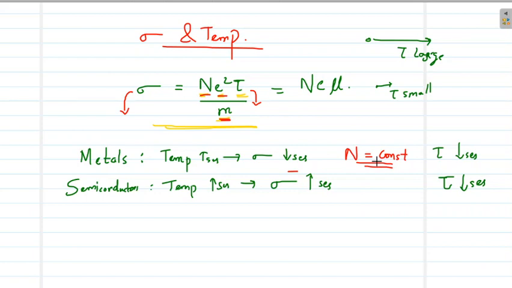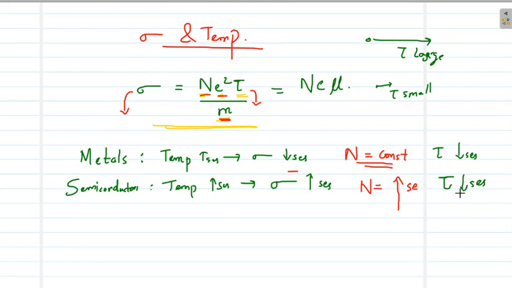It is not like metals where valence electrons are completely free. For a semiconductor, as temperature increases, bonds can be broken and more electrons can be released. So n is dependent on temperature for a semiconductor. So for a semiconductor, n will increase very largely when temperature increases.